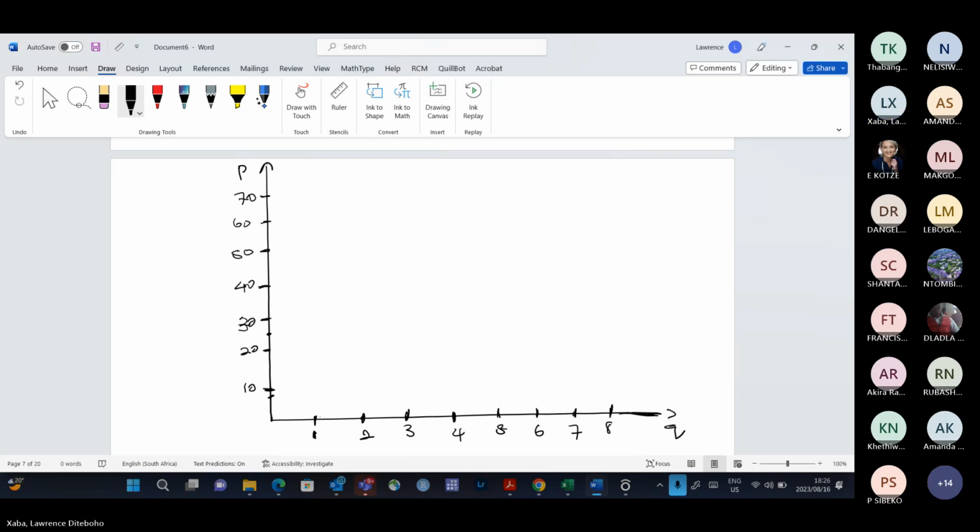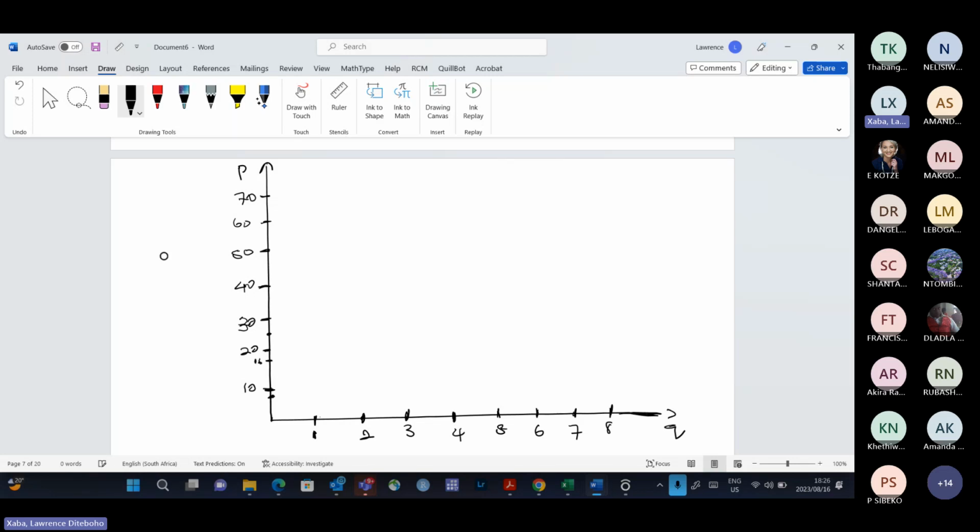Somewhere here, just about 10 close to 20, is where we'll maybe have our 16.